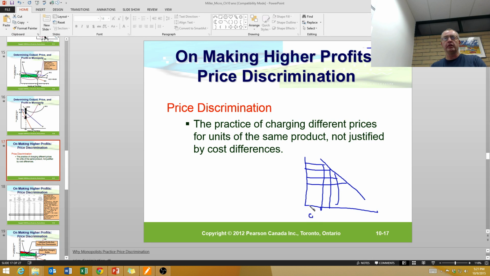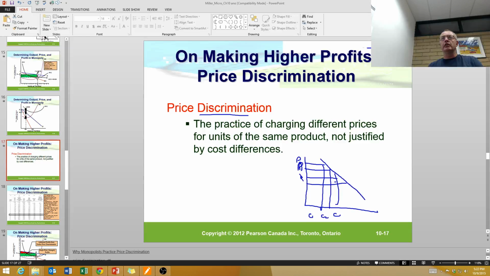So this customer here gets charged this price, customer 2 gets charged this price, this customer here gets charged this price, and so on. And what we're going to see is that by practicing price discrimination, monopolists can increase their economic profits even more.